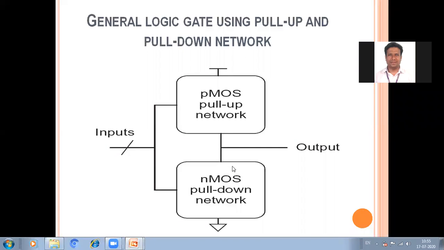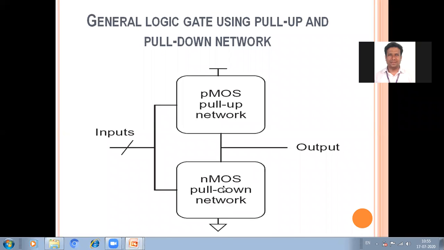Again, the question arises here: why is the NMOS type of transistor preferred for the pull-down network? We have already discussed that a single NMOS or PMOS type of transistor is called a fast transistor, right? And in the case of the NMOS, it supports a strong zero signal.